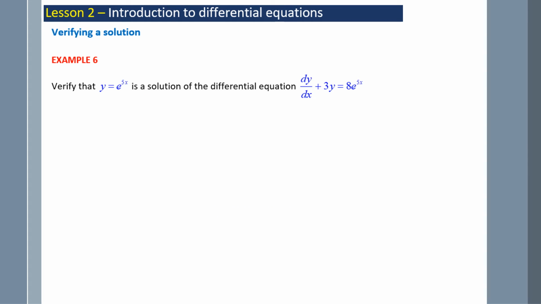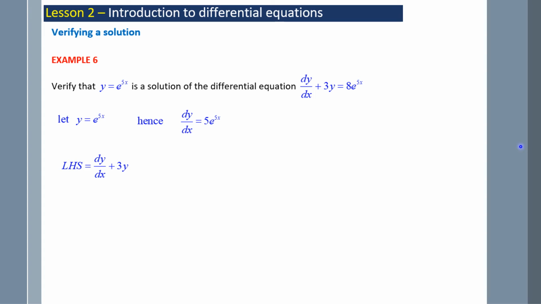Verifying a solution. Example 6. Verify that y equals e to the 5x is a solution of the differential equation dy/dx plus 3y equals 8e to the 5x. We're going to let y equal e to the 5x. Hence dy/dx equals 5e to the 5x.